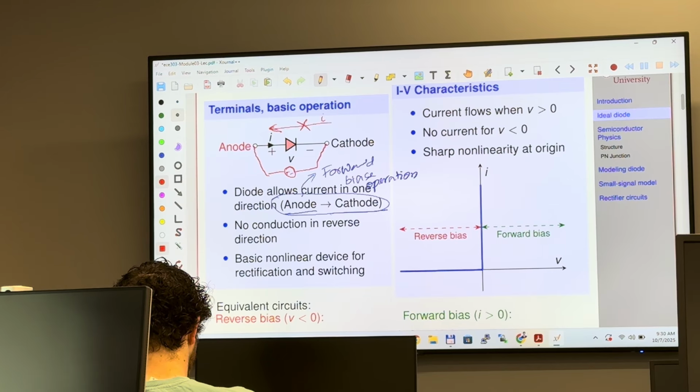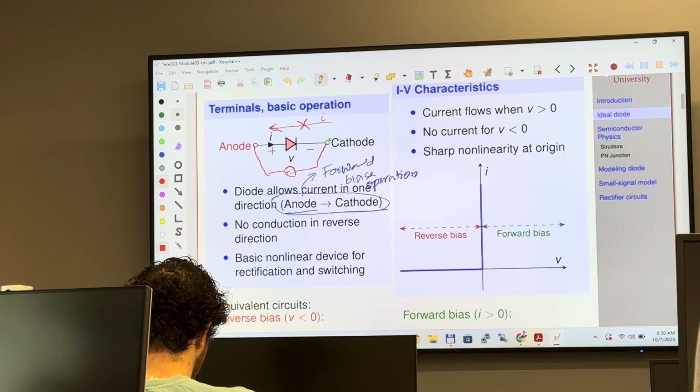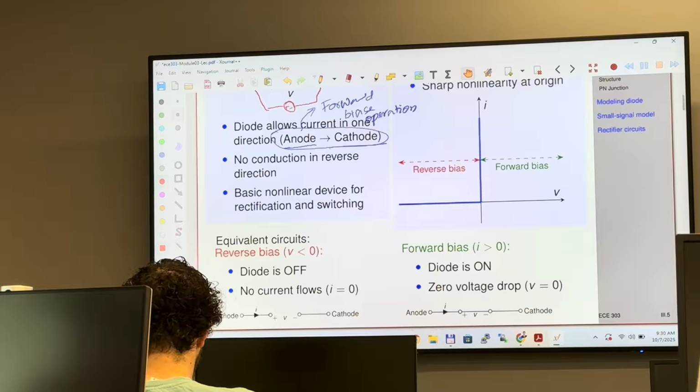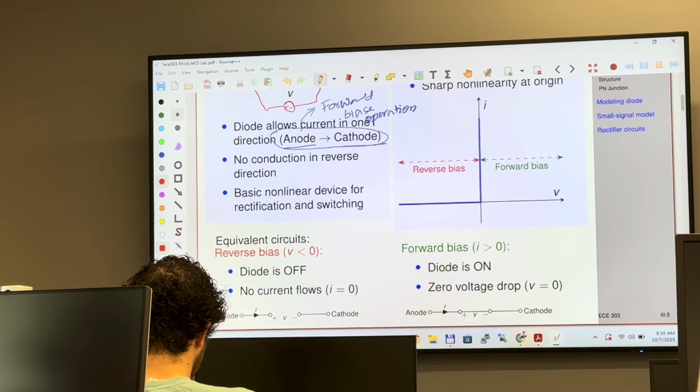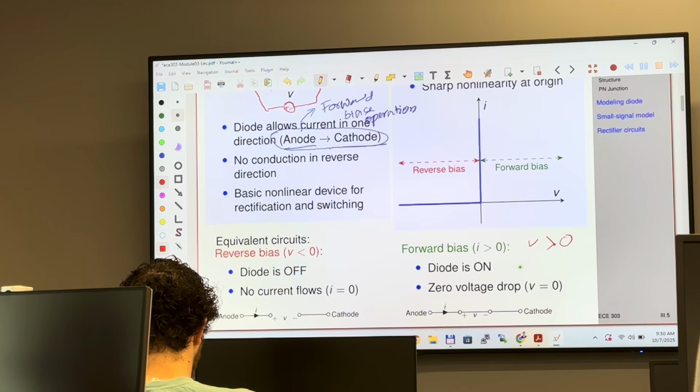The voltage of anode with respect to cathode means that if you take a voltmeter, the negative terminal of the voltmeter is at the cathode leg and the positive terminal is at the anode. So if you get a positive voltage, V is greater than 0.